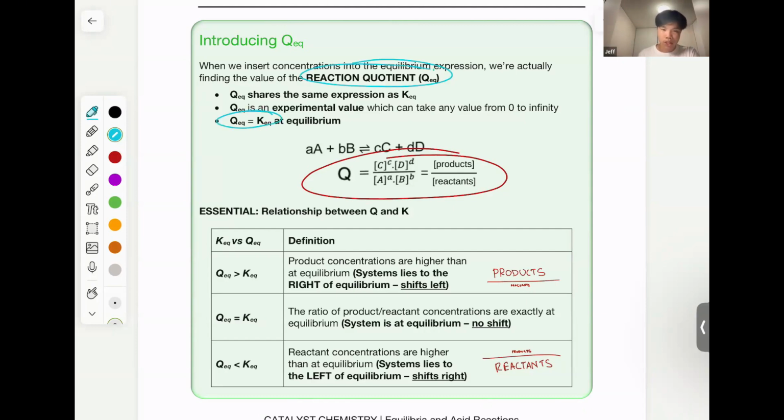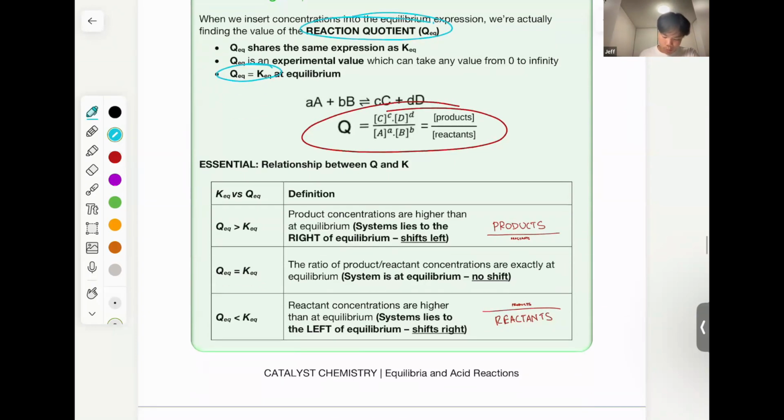When Q is equal to K, we're at equilibrium. And if Q is bigger than K, it means we have more product than we should have at equilibrium. Hence, the system lies to the right of equilibrium and will shift to the left to return to it. If Q is equal to K, it means you are at equilibrium. There will be no shift.